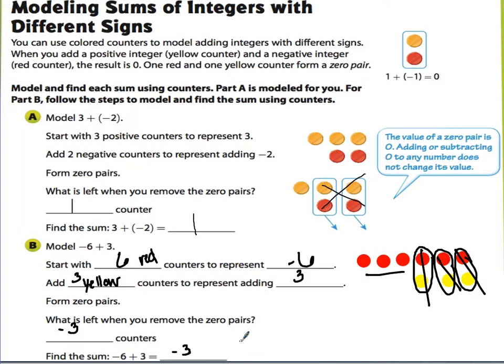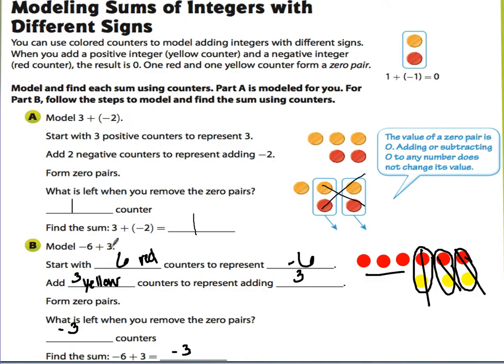When we're talking about addition with positive and negative integers, if you've noticed, the further away you are from 0, the longer it takes you to get back to 0. So here, since negative 6 is further away from 0, and 3 is obviously closer to 0, I don't have enough to get me back to 0. In order to get me back to 0, I would need 6 positive counters.